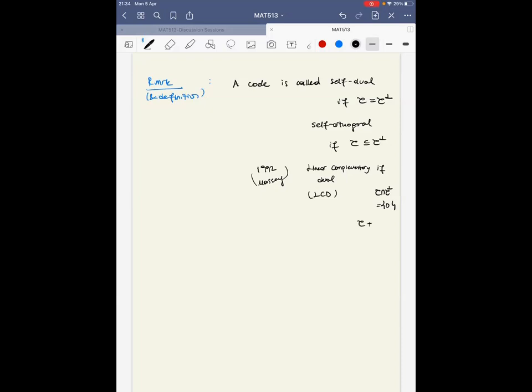So that means we can equivalently describe linear complementary dual codes as those for which the whole space can be written as a direct sum of the code C and its dual.